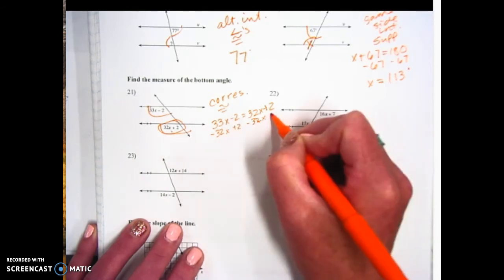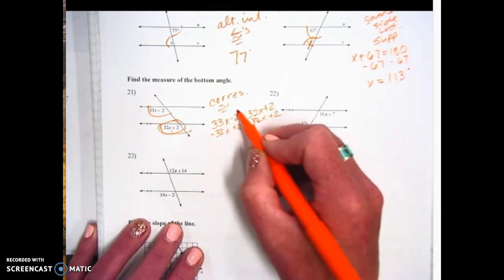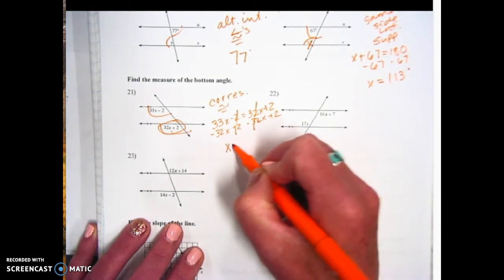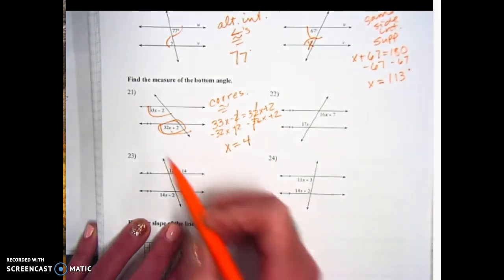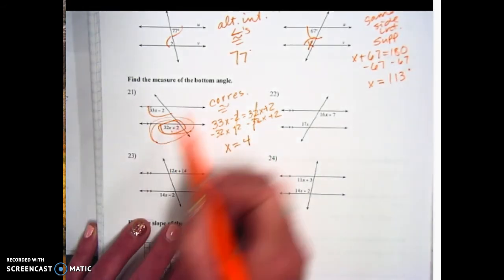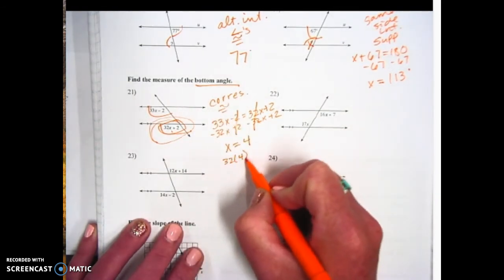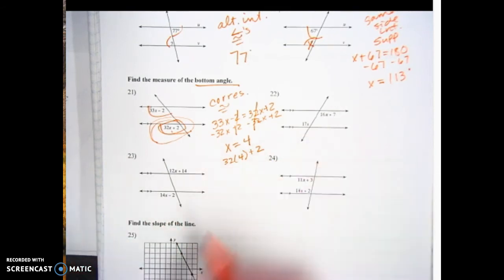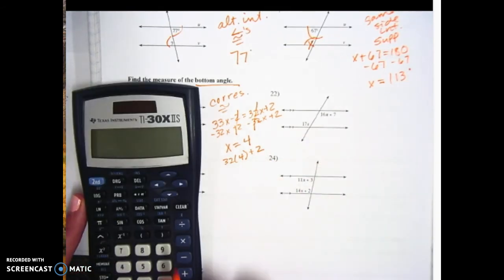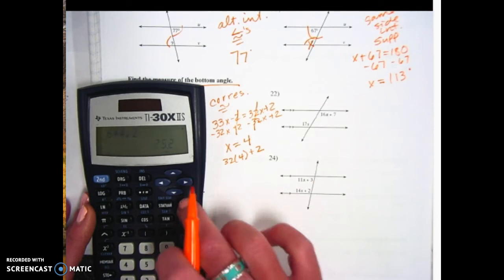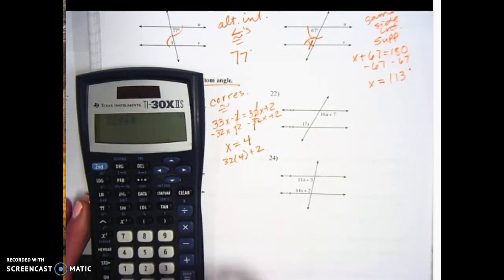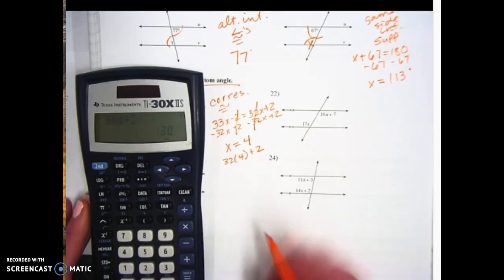Add 2 to both sides. These cancel, so x should be equal to 4, but we need to plug it into the bottom angle. So 32 times 4 plus 2 is what? 32 times 4, add 2, 130.